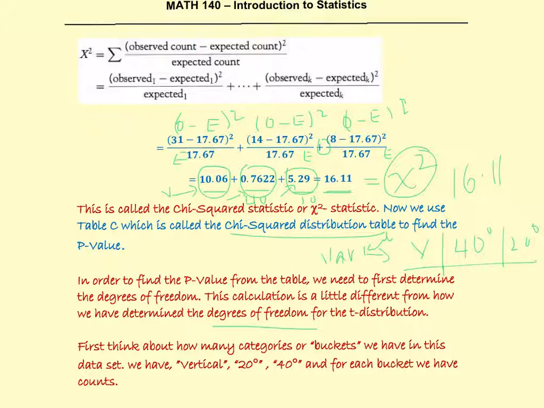So degrees of freedom is the number of buckets minus 1, and that is equal to 2. So what we need to know before we calculate the degrees of freedom is the number of buckets, or the number of categories for which we have counts, and that is 3. So 3 minus 1, subtract 1 from the number of categories to give us 2, which is the degrees of freedom.